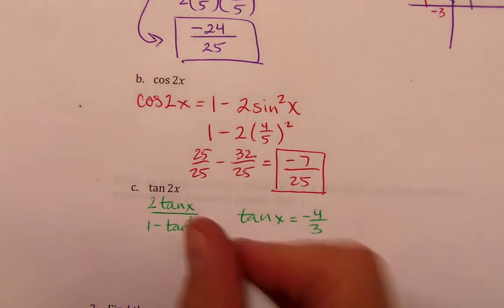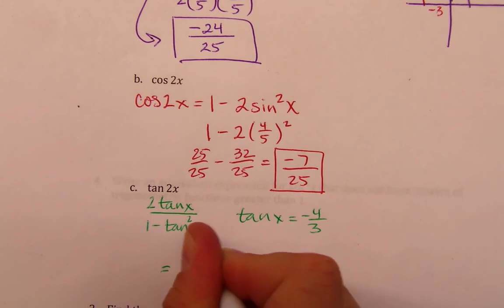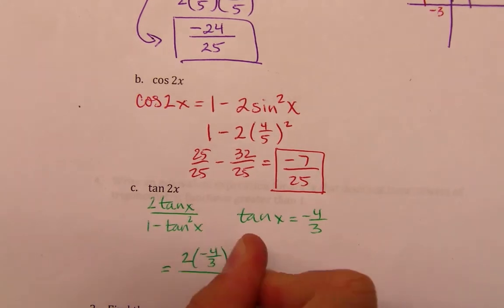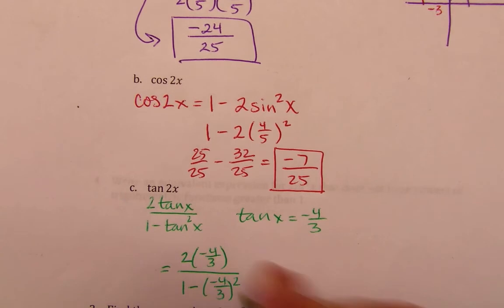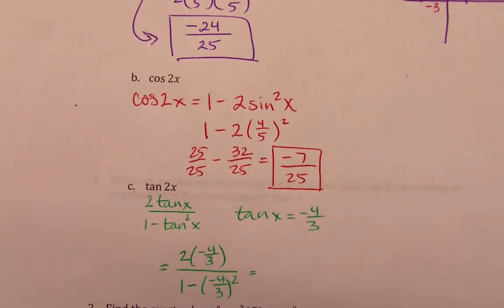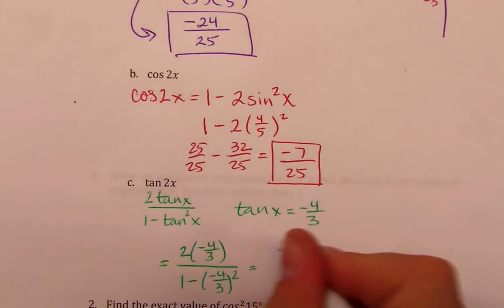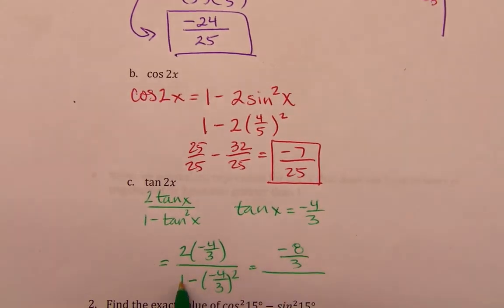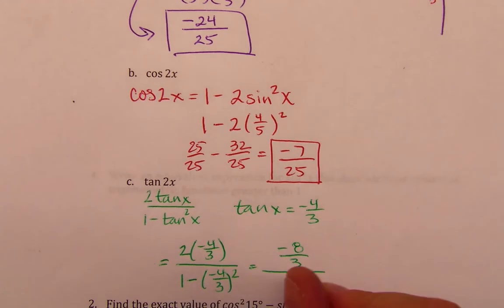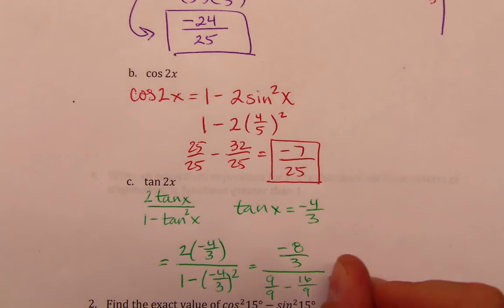And now we can just evaluate. We can plug it in. So 2 times -4/3 over 1 minus -4/3 squared. And that gives us -8/3 over, and we have, this is going to be 16/9, and then we can turn this into 9/9.